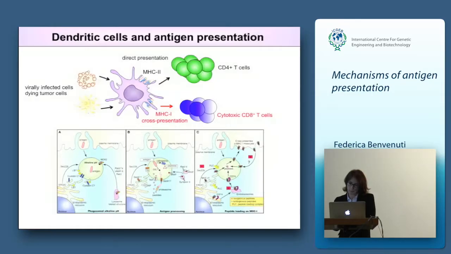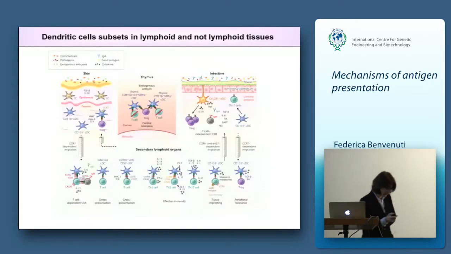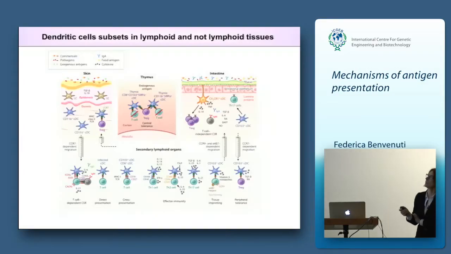If we want to put all I said in context, in lymphoid and non-lymphoid tissue, this cartoon explains a little bit what's going on in the body. Dendritic cells are in the steady state mostly located in peripheral tissues, where they patrol the environment for the presence of pathogens.